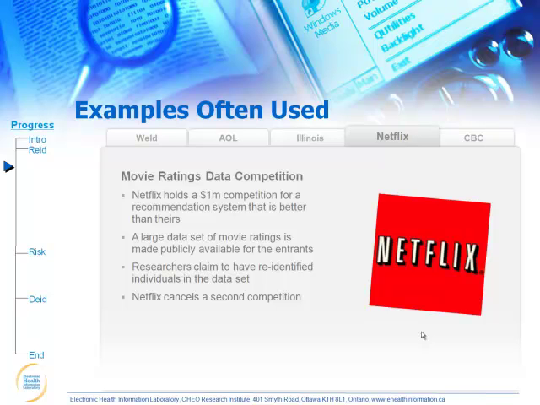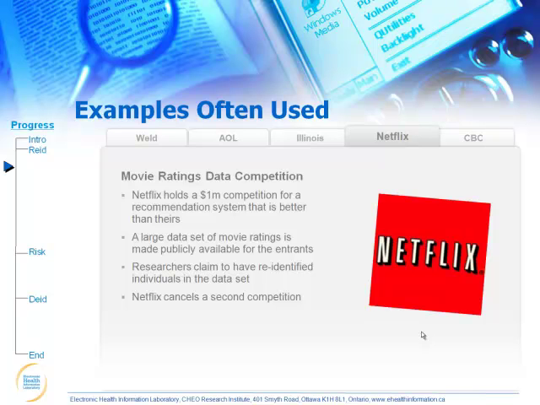So the competition ran, and the best model was developed by a group of statisticians, and they got their $1 million. But as part of the competition, a number of researchers took the Netflix data, and they claimed that they were able to re-identify some of the individuals in that data set by matching their movie ratings in the Netflix data with the IMDb database, which is another public movie rating database.